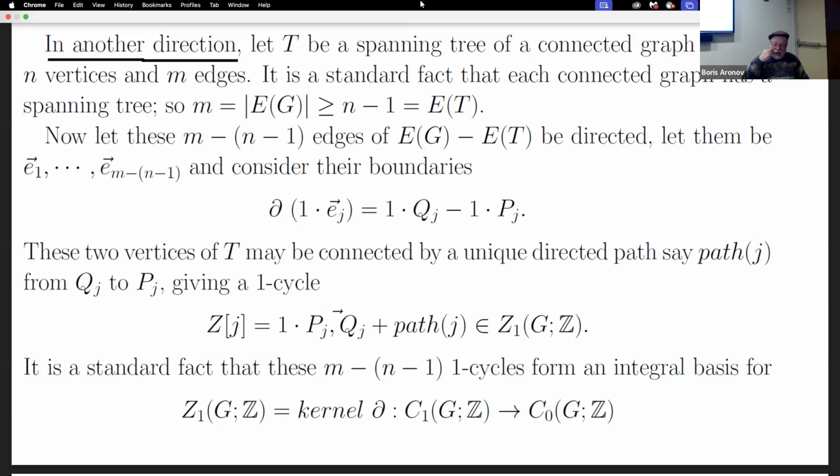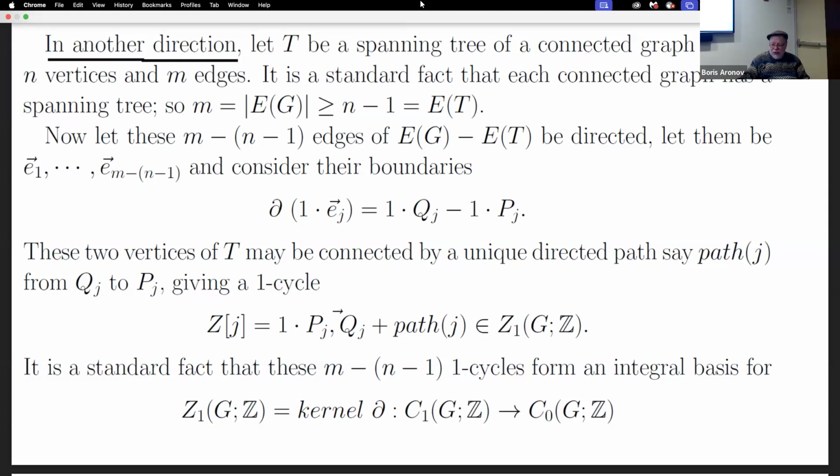Now, what you can get out of this is the following. Maybe I should imagine, as a topologist, a picture here. I have a graph, which is a one-dimensional space, and I'm pulling out of it a spanning tree, which can be shrunk to a point from a topologist's point of view. So the one-dimensional homology, the loops that are left when you shrink the tree to a point, are given by the edges that are outside the spanning tree.